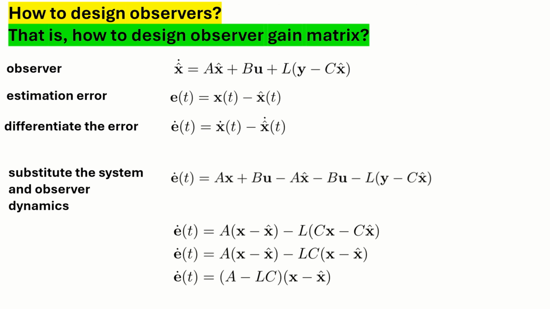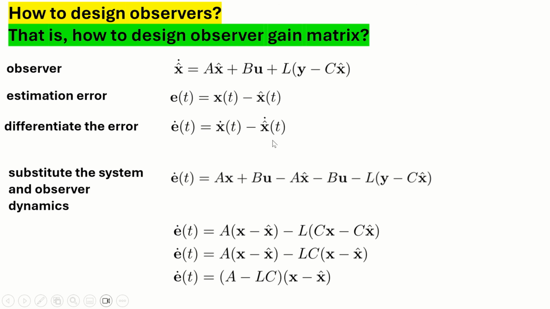How to design observers? That is, how to design the observer gain matrix L. First of all, we start from the observer equation. Here it is. Then we introduce the estimation error. The estimation error is the difference between the state of the real system minus the state of the observer x hat. Then, if we differentiate the estimation error, we will obtain the third equation.